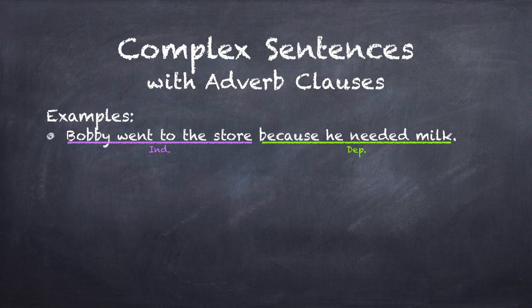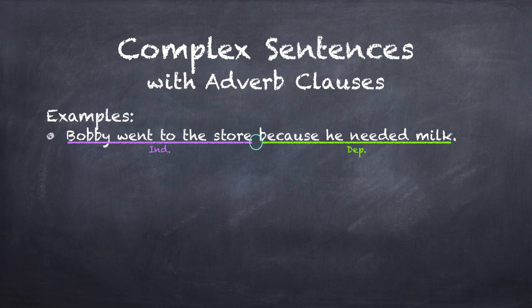We could say Bobby went to the store as a simple sentence, but we cannot say because he needed milk as a simple sentence. Because he needed milk is not a complete thought and therefore cannot exist on its own. Any clause that starts with a subordinator cannot exist on its own.